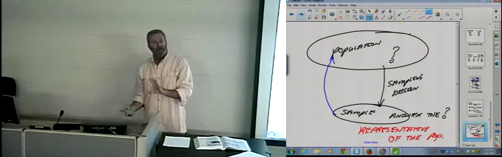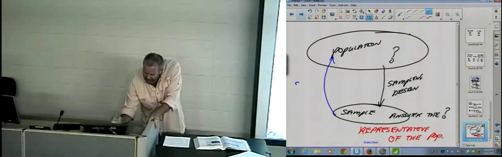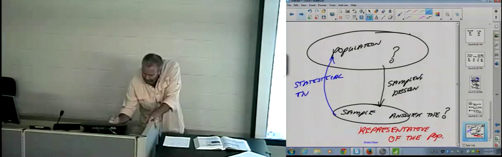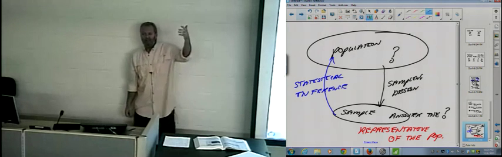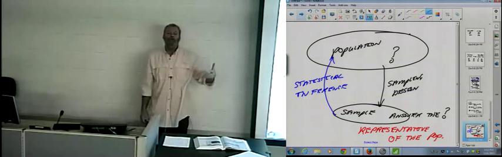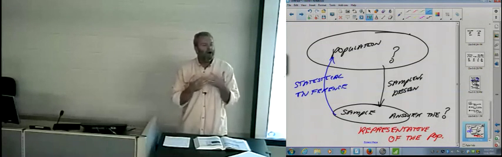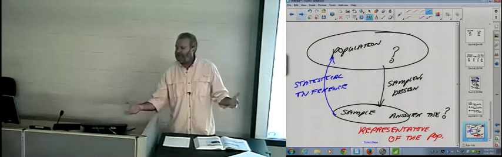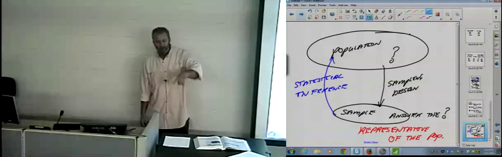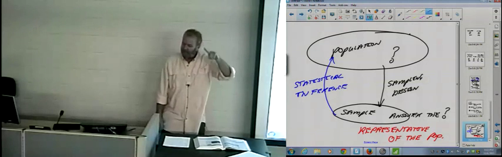Now, all I'm going to give you tonight is this little arrow here is statistical inference. Or sometimes I'll just say inference. And what it means is to infer back about the population what you learned from the sample. To draw conclusions about your population based off of what you found out about your sample. That's statistical inference. That's inferring back from the sample back to the population.